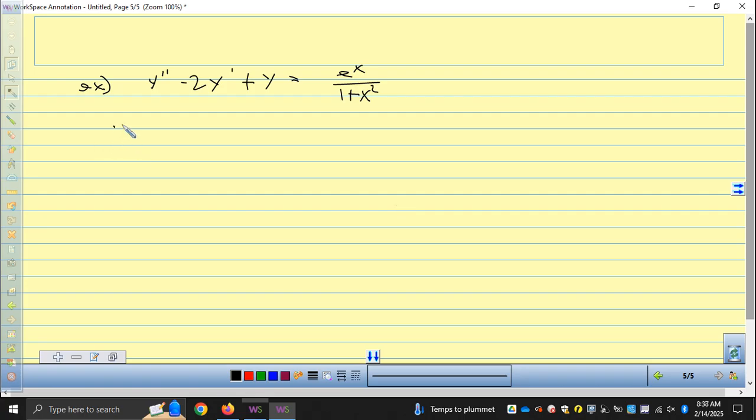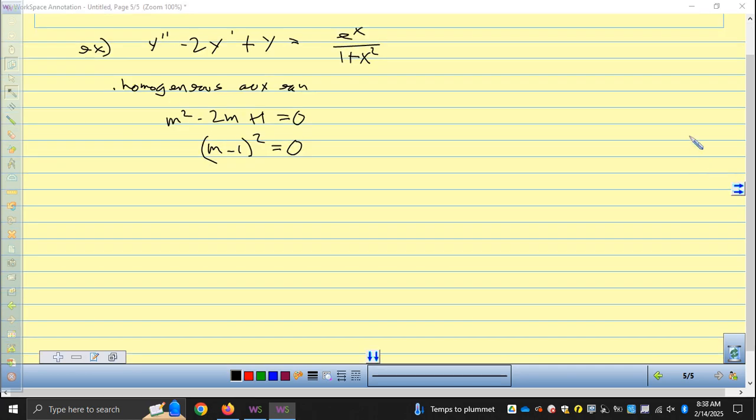Our homogeneous auxiliary equation is m squared minus 2m plus 1 equals 0. Well, that's m minus 1 squared equals 0. So we get a repeated root of m equals 1.